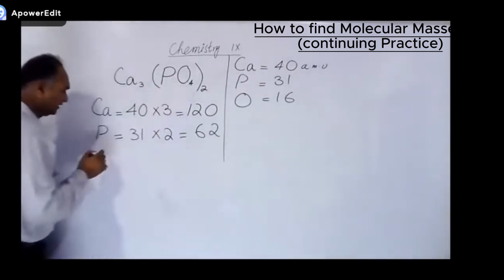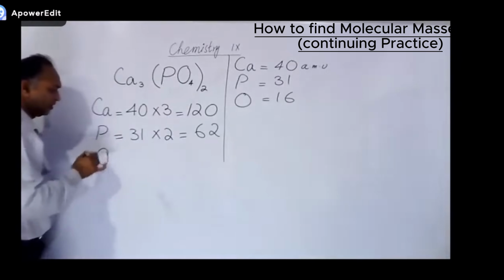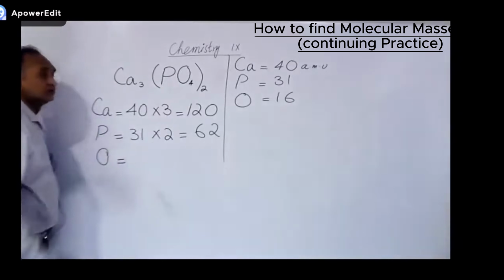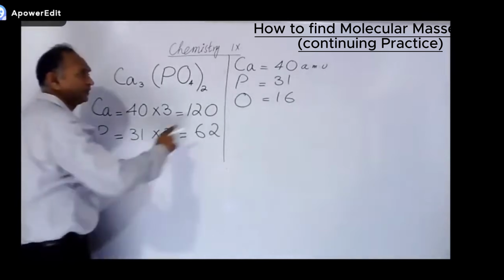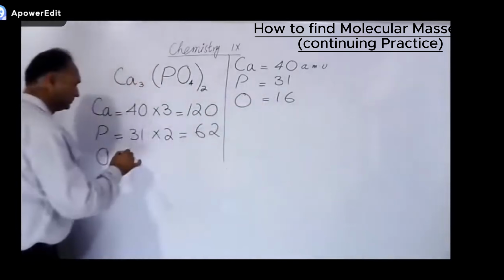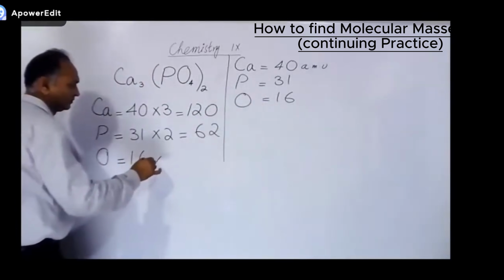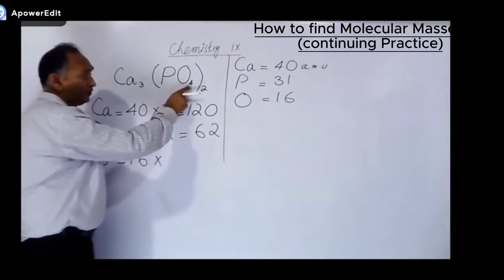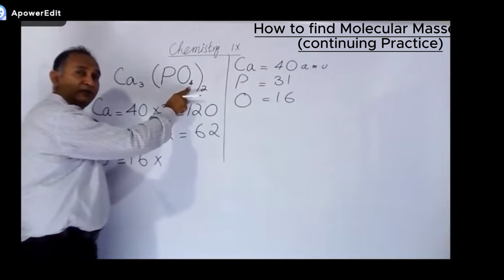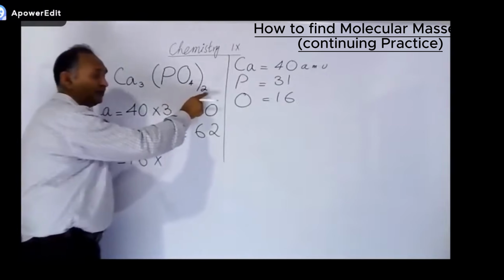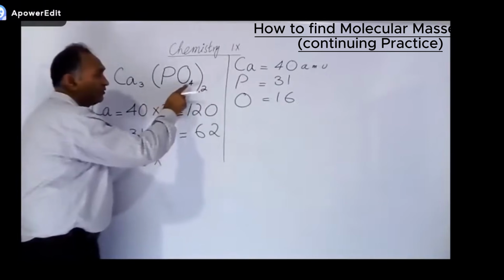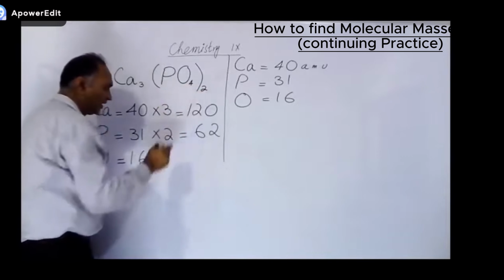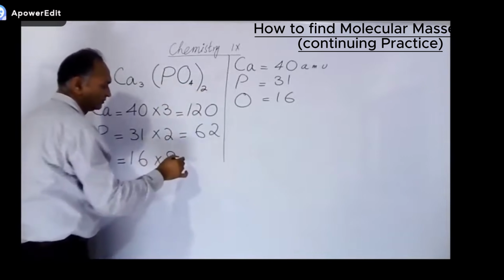Right? Next is oxygen. Mass of single oxygen is 16. How many oxygens? Again, we have a subscript 4. We should multiply by this. So what should I write here? 4 twos are 8.